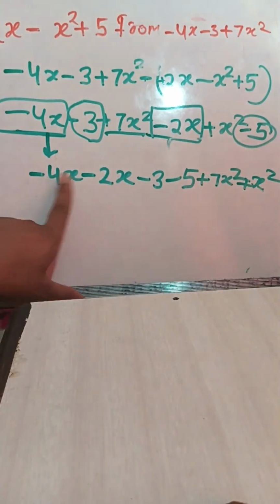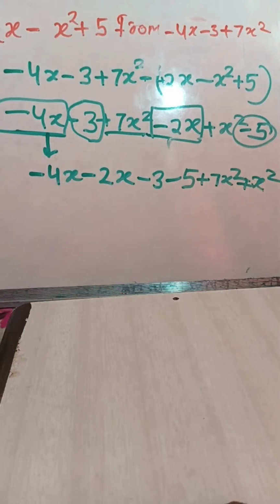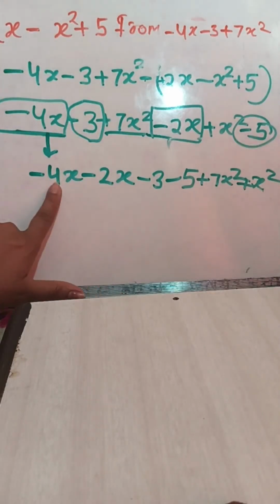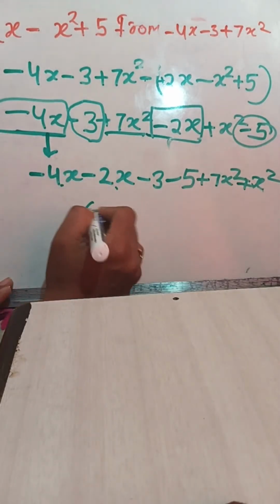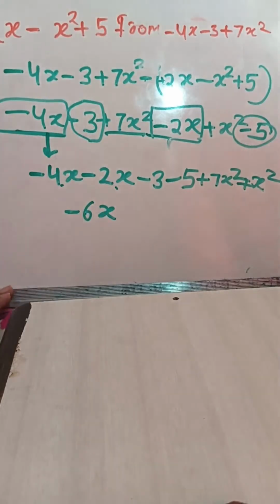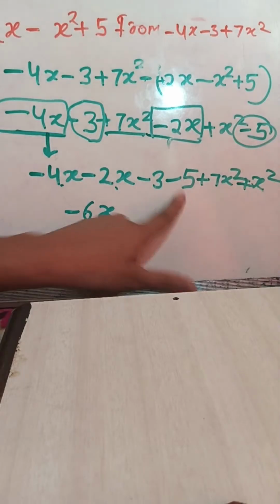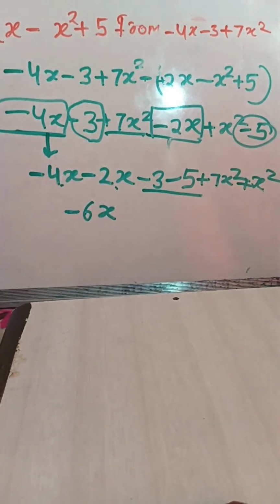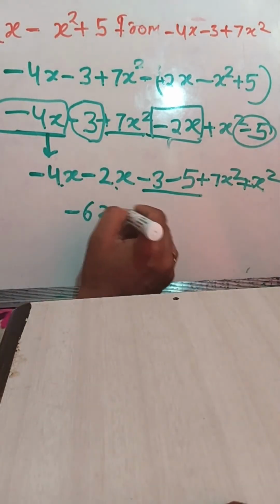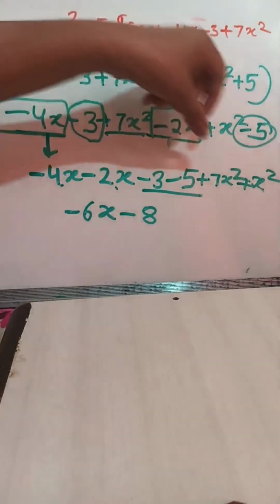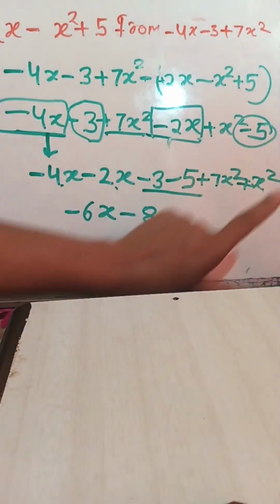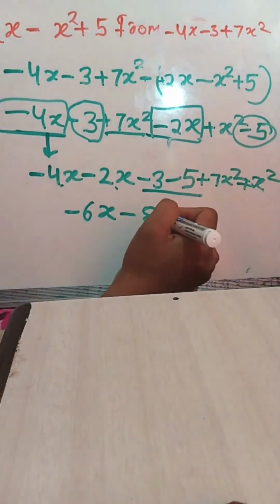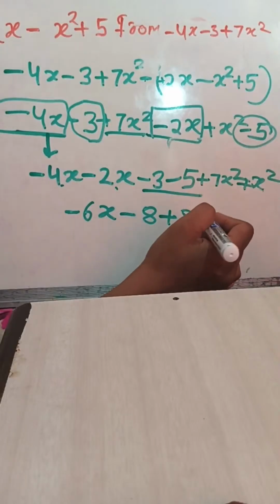Minus 4 and minus 2 both have minus signs, so we add them: 4 and 2 make 6x, and the sign is always minus when both digits are minus. Next, minus 3 and minus 5, again both are minus, so write minus 8. Again 7x square plus x square: x square means 1x square, so 7x square plus x square is 8x square.